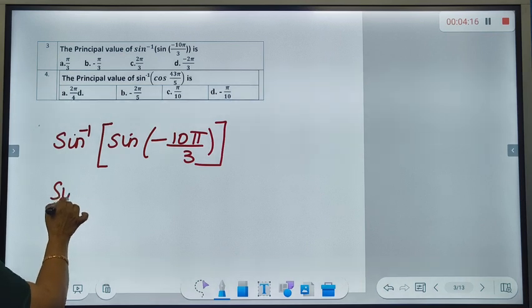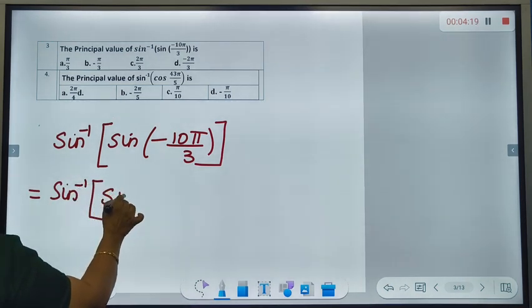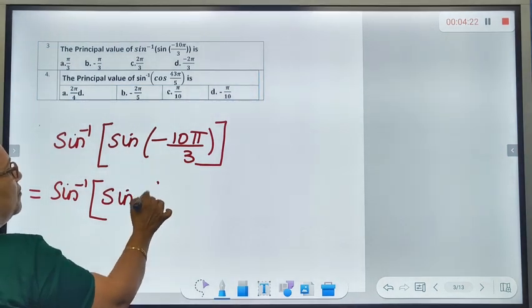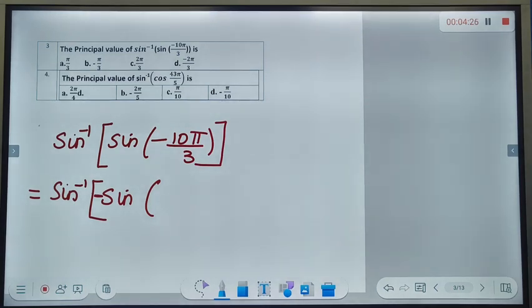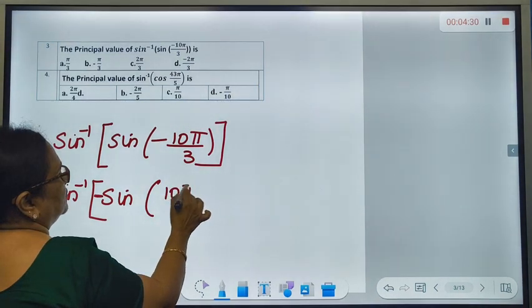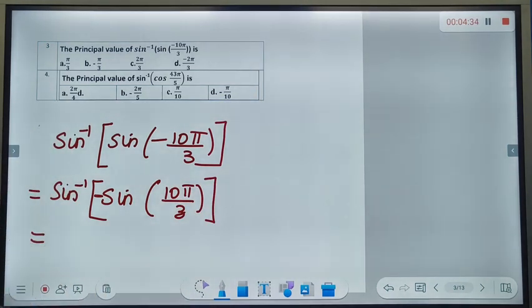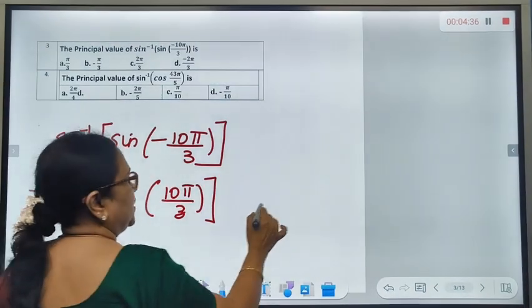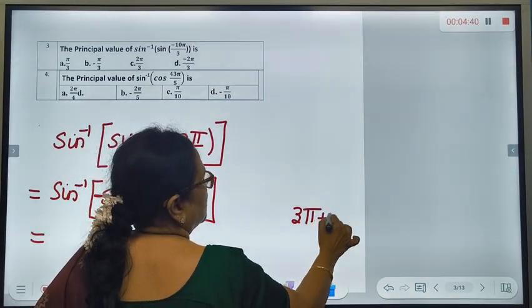Now, this is sine inverse of sine of minus theta, which is minus sine theta. So, I am going to put the minus here, 10 pi by 3. How can you write 10 pi by 3? I can write it as 3 pi plus pi by 3.